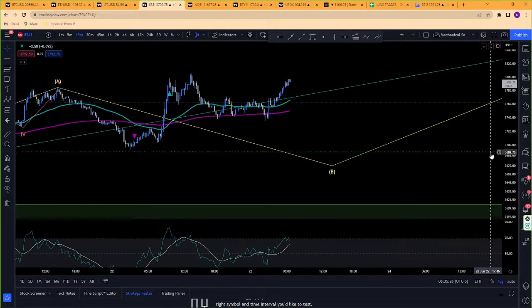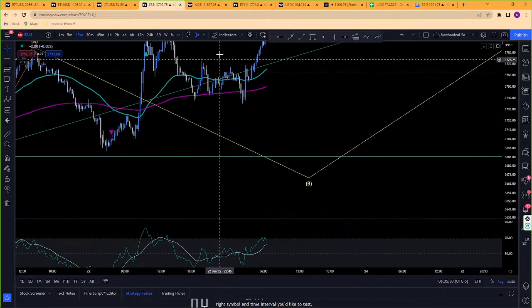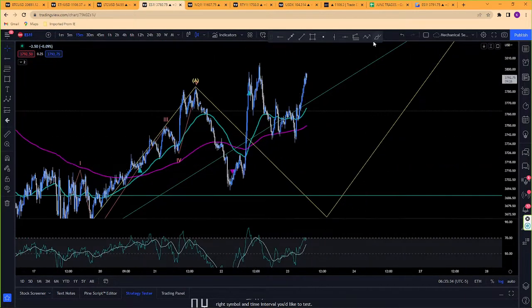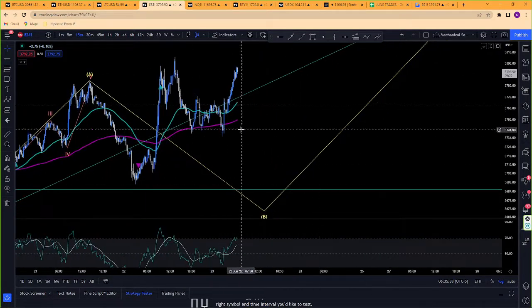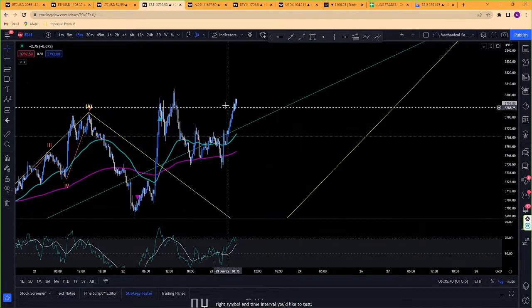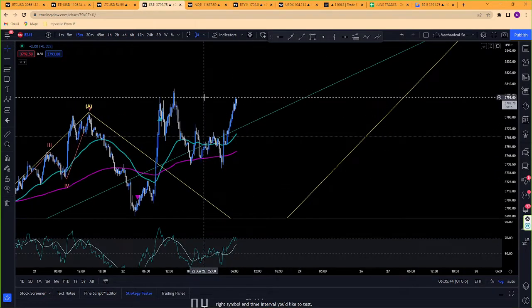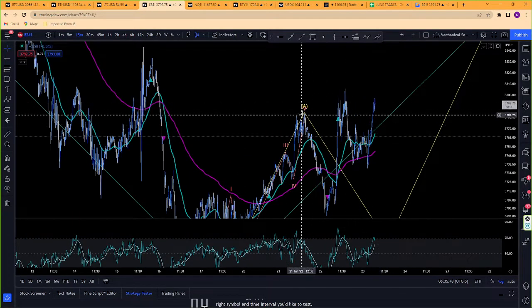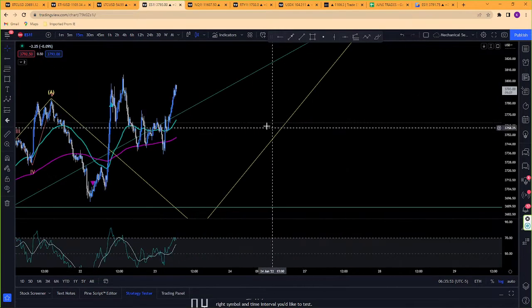Does this look corrective to you guys? Right? Is this correcting down here after this nice push? No, this is a continuation. Okay, so there's no way that this is going to make another B. I mean, we're 3806. We're 8 points away from making that new high, and this is already achieving a new high over A. Okay, and we achieved the new high over A here.